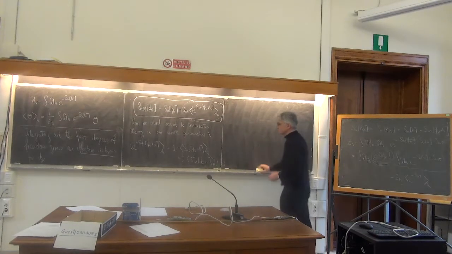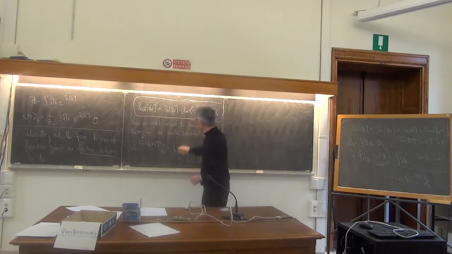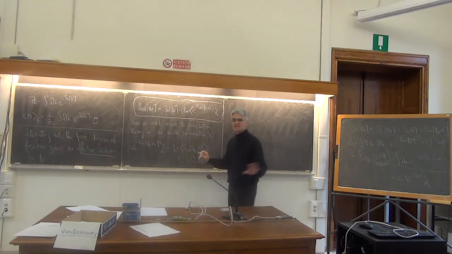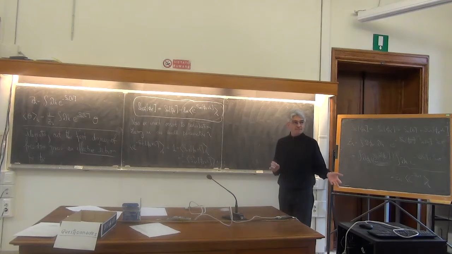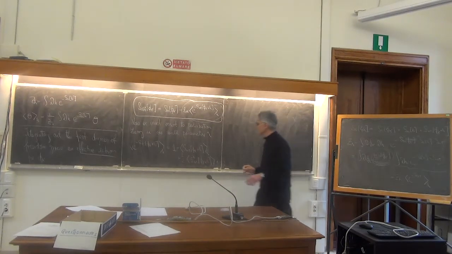And now I simply use the expansion of the log. You have log 1 minus, and using that lambda is small, basically this average should be small. It's proportional to lambda. So I formally now will expand the log.